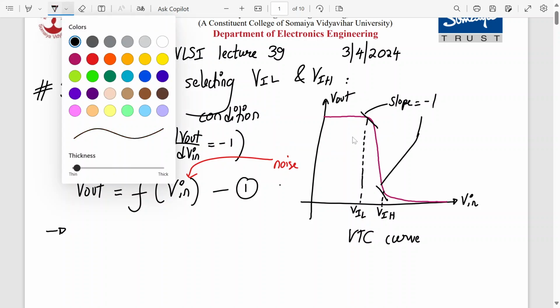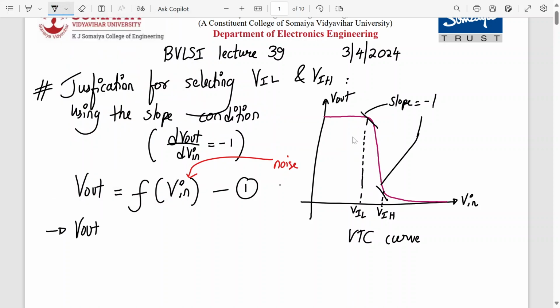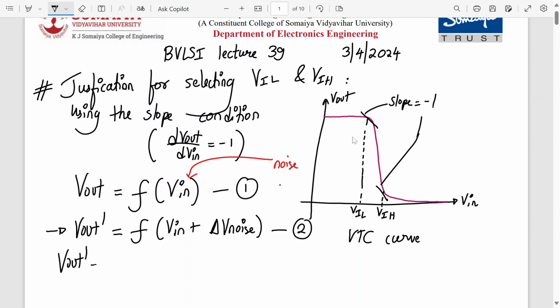So the modified output V out dash will be equal to a function of V in plus delta V noise, which is very small. Delta V noise represents the voltage perturbations that are assumed to affect the input voltage of the inverter. V out dash is the disturbed or perturbed output voltage.